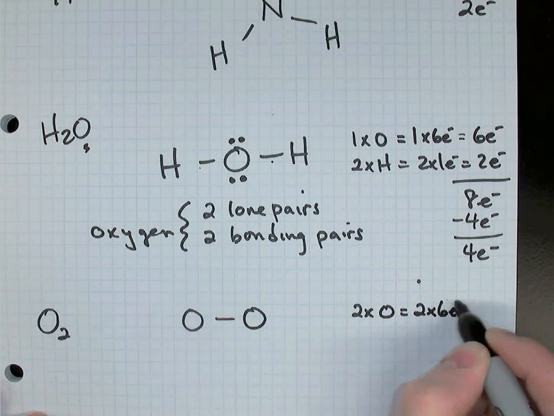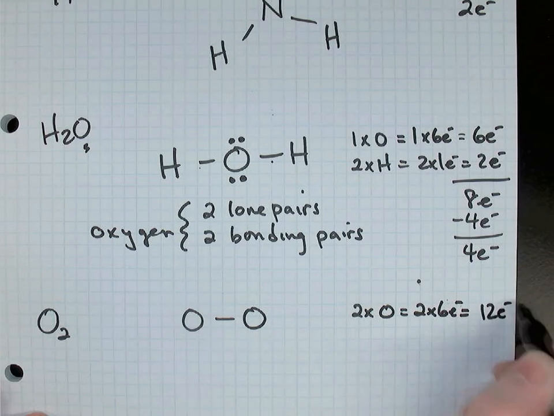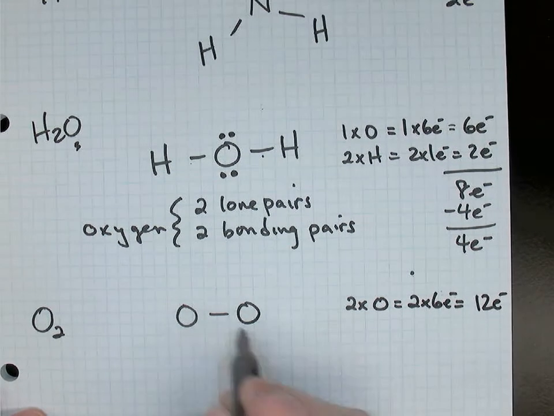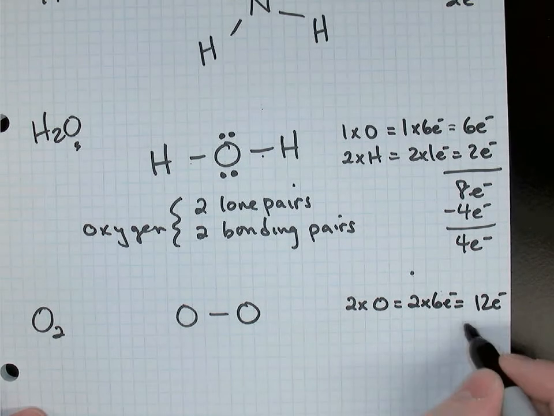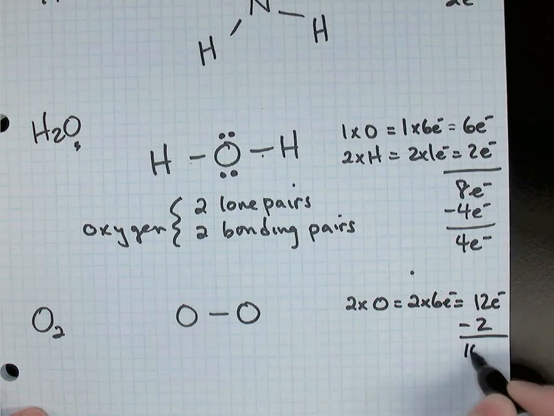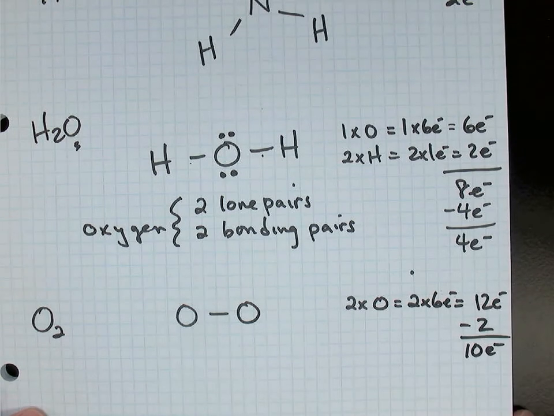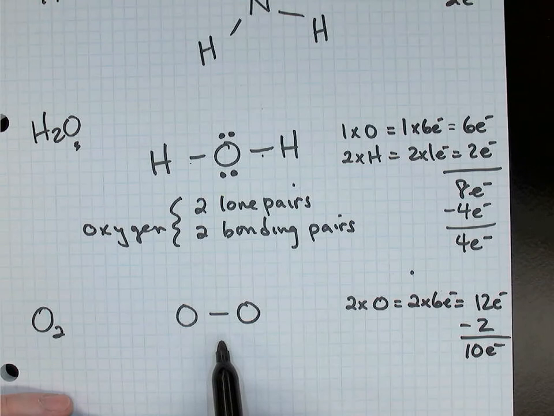We have 12 electrons to play with. We've already used up 2 in this bond, so if I take away those 2, we have 10 electrons left to play with. But notice each oxygen has just this pair of electrons that they're sharing, so each one currently needs 6 more electrons to get their octets. That means we'd need 12 electrons total, but we only have 10.